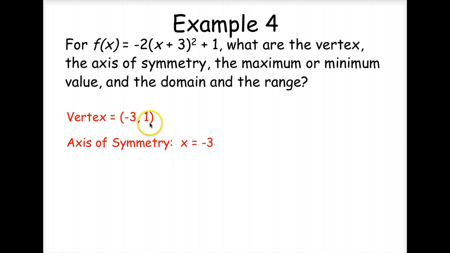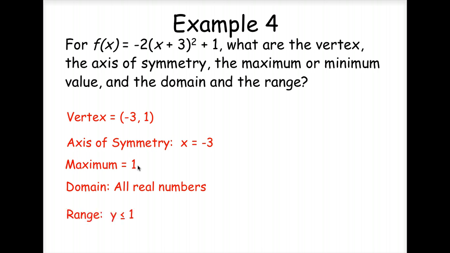Look at our y value. Our maximum is going to be at 1 because this is going to be opening down. So 1 is going to be the highest point, our maximum for our graph. Domain, of course, all real numbers for quadratics, and the range. Since it opens down and our highest value is 1, y is going to be less than or equal to 1. Very good. You're ready to begin working on the assignment.